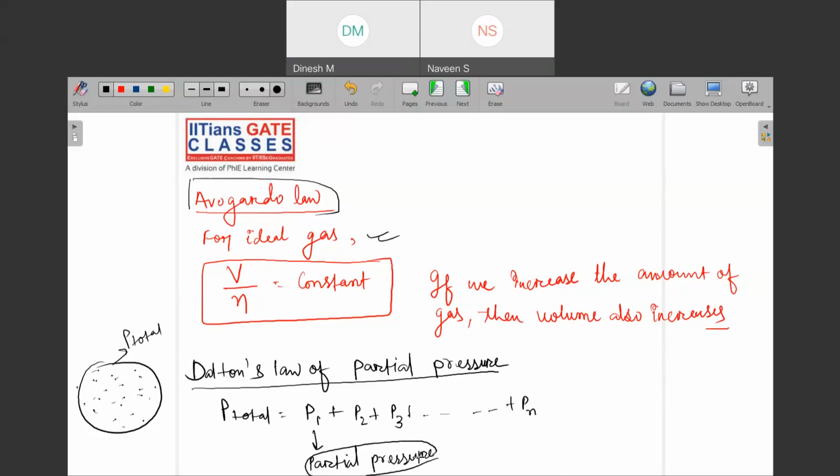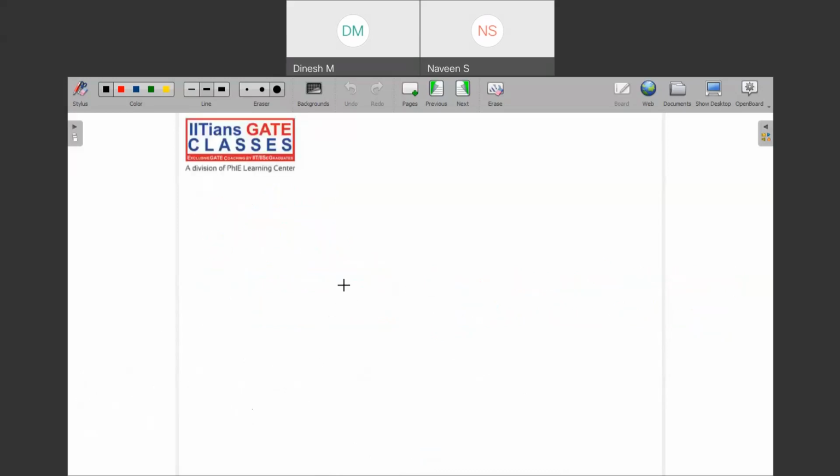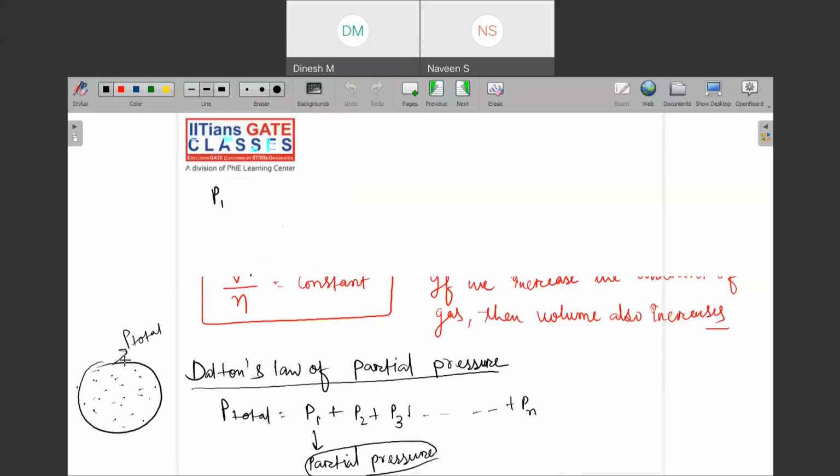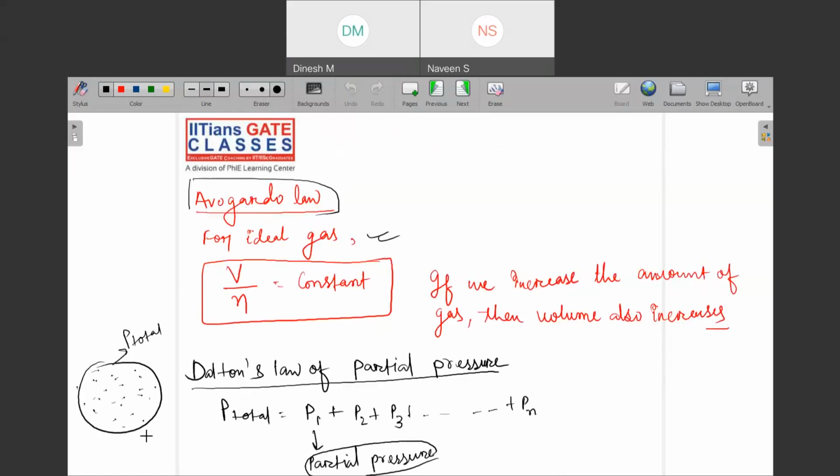Okay, so that is partial pressure, right? Let us understand it a bit further. What I have written is that the total pressure is the sum of individual pressures. See here, the volume we have always taken is the volume of the container. We have never talked about the individual volume.